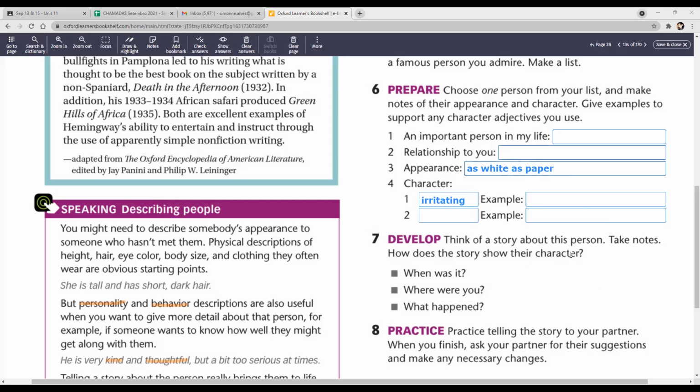We don't use exactly those words to say as white as paper, okay? We usually say as white as a candle or as pale as paper, not really as white as paper, okay? So we use other words, but if you say, oh, she's as white as paper, they understand. It's okay, they understand, but it's usually in a situation of extreme fear or horror.